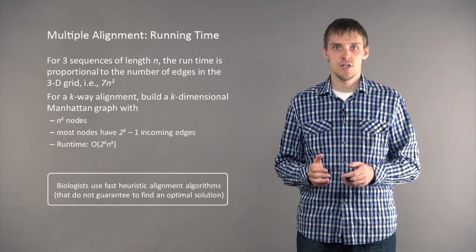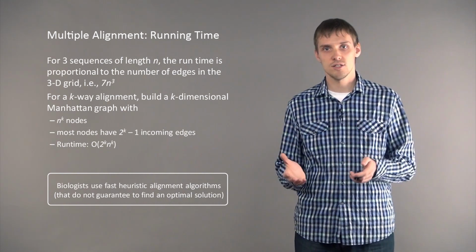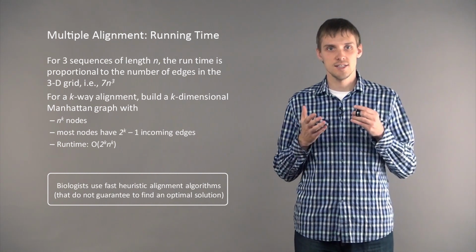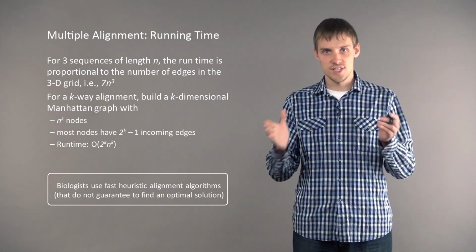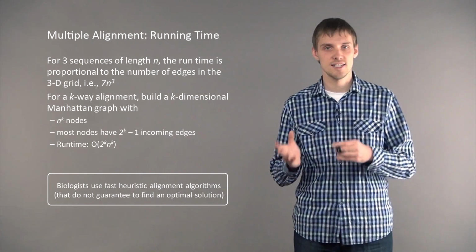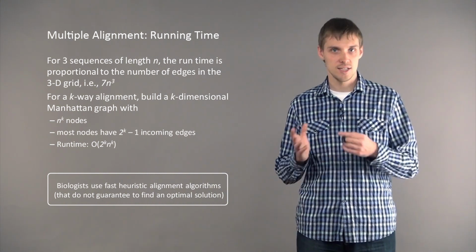And biologists usually use fast heuristic algorithms. They do not guarantee to find optimal solutions, but they guarantee that the algorithm will finish in a meaningful time. Let's discuss a few heuristics which will help us to find multiple alignment in a more feasible way.